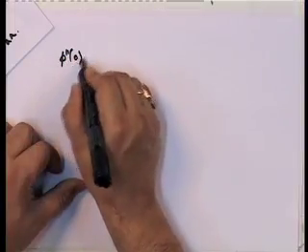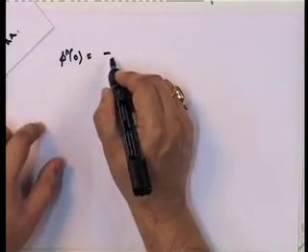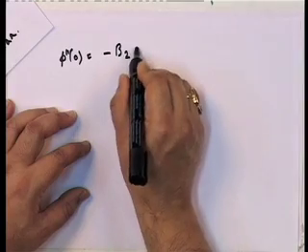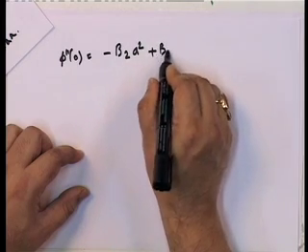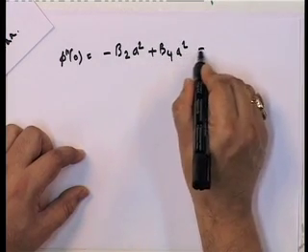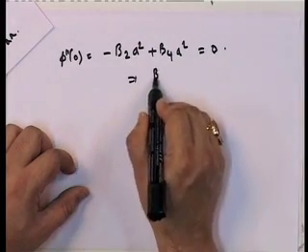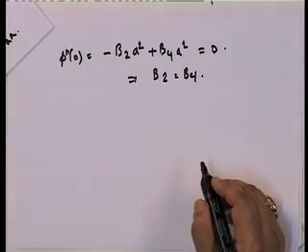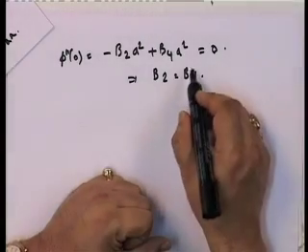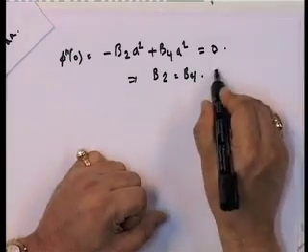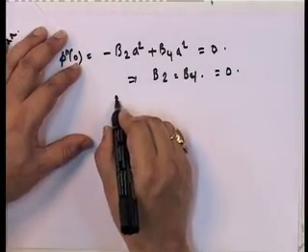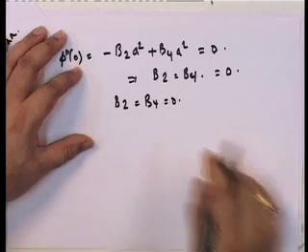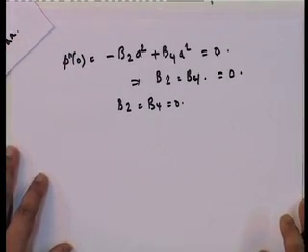So, phi double prime at 0 means the B1 term disappears, so it is going to be minus B2 A squared, and the sine hyperbolic disappears, so you have plus B4 A squared equal to 0. This implies that B2 is equal to minus B4. Now, the only way that both B2 is equal to minus B4 and B2 is equal to B4 is if they are equal to 0. These two boundary conditions imply that both B2 and B4 are 0. Okay? That is what this implies.